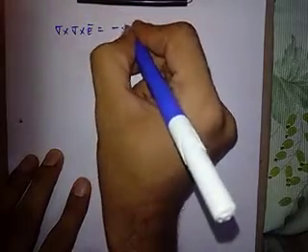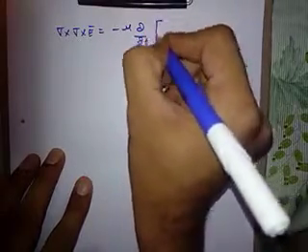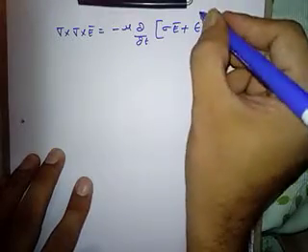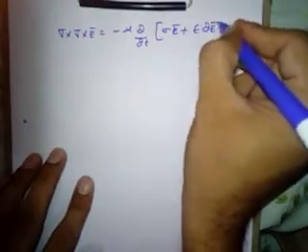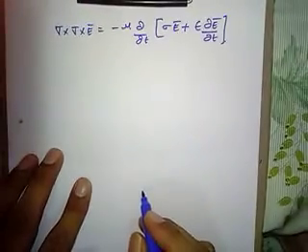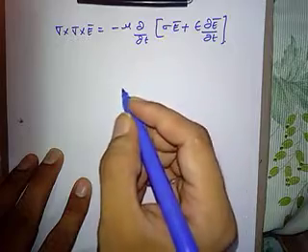So it is del cross E bar, del cross E bar, equal to minus mu dou by dou t of sigma E bar plus epsilon into dou E bar by dou t. This was our previous equation. Yes or no?